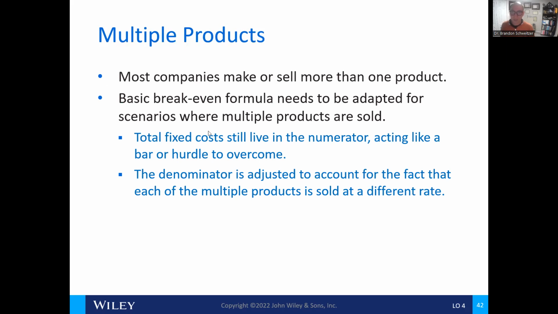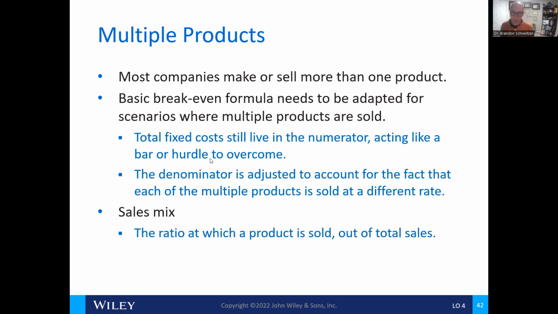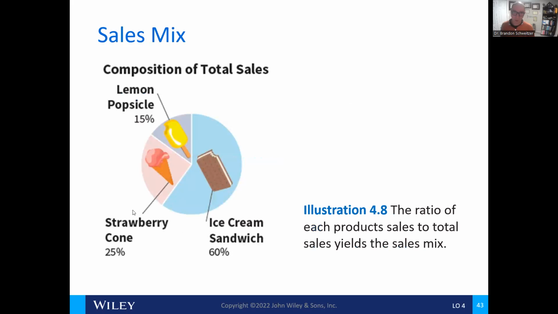And that collectively tells us the break-even based off of the sales mix ratio. The sales mix ratio is where the product is sold out of total sales. Here's an example of a sales mix. Here's what the company sells: popsicles, strawberry cones, and ice cream sandwiches. The ice cream sandwiches make up the majority of the sales.